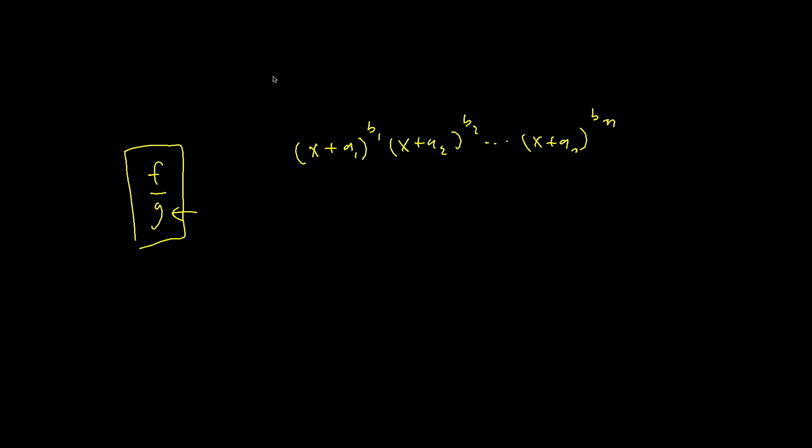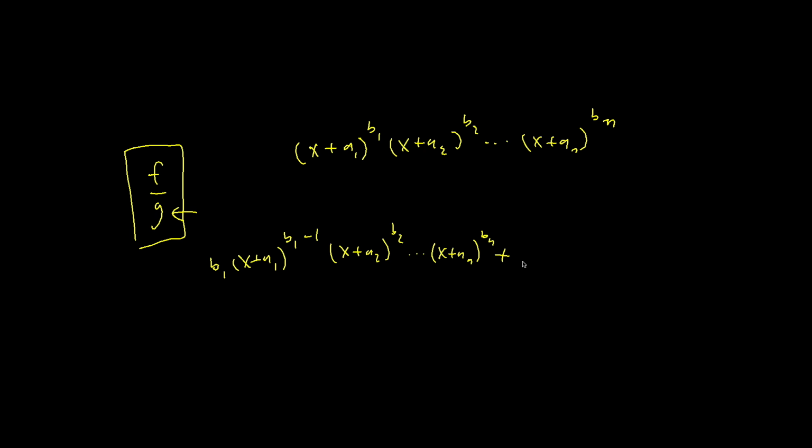When you take the derivative of this using the product rule, this would become this. And then the product rule expands to a bunch of sums where you take the derivative of basically every single one.